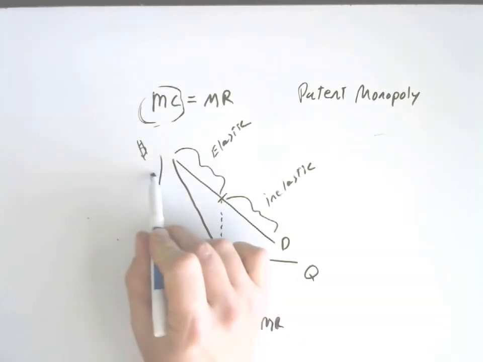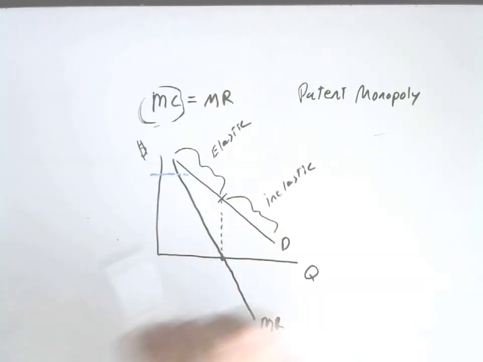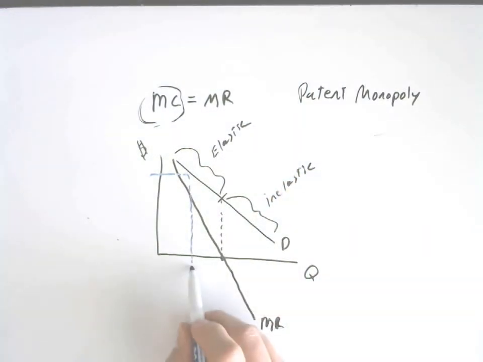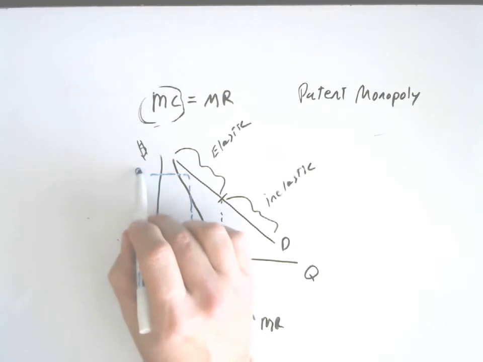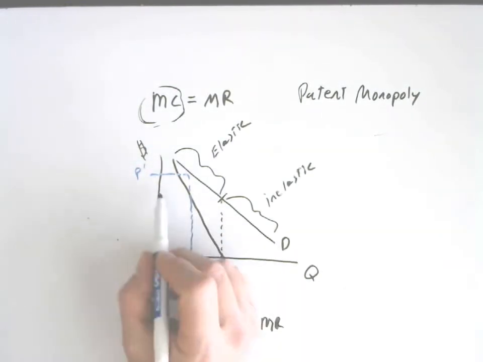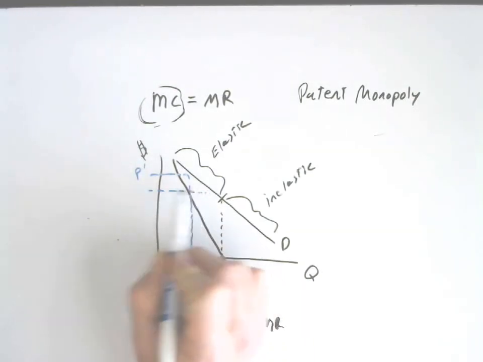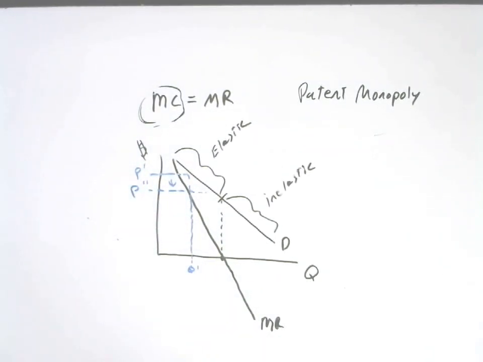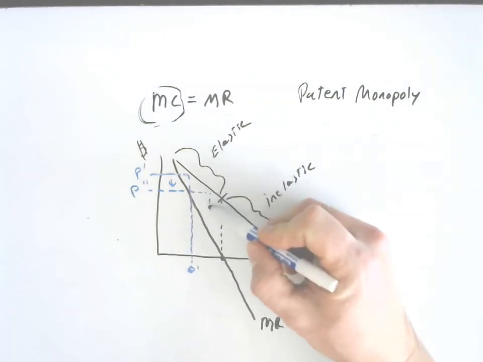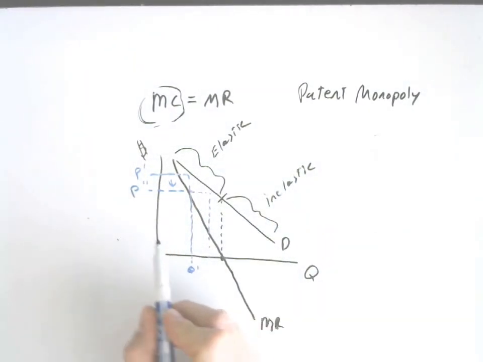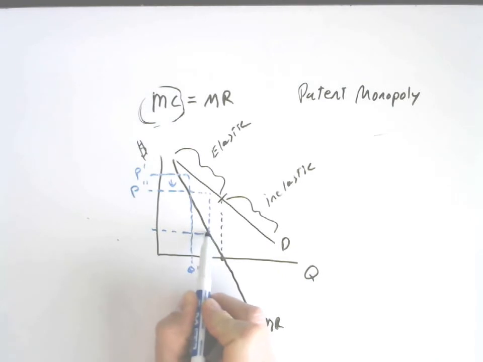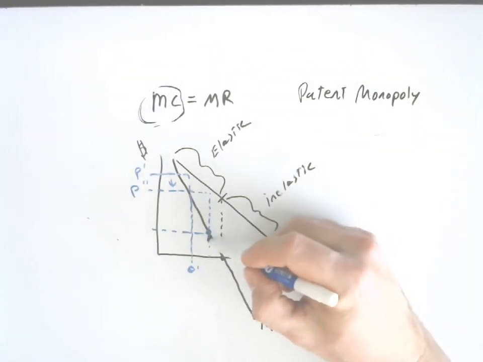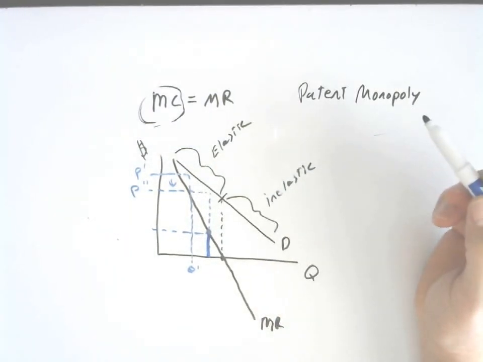Well, assume that I'm priced up here, selling Q prime units of the product at P prime. If I lower the price to P double prime, we already know that I should pick up revenue. How do I know I'm gaining revenue? Because marginal revenue is positive at that point. In other words, I am adding to total revenue by that amount right there.